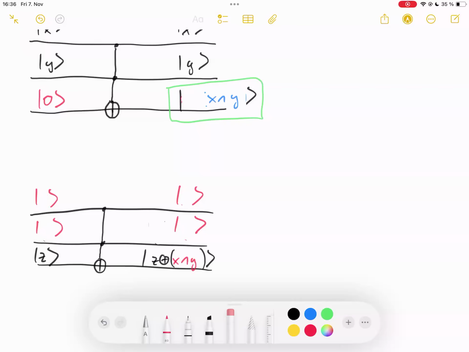And concretely, I feed in ones. So I put a one here.